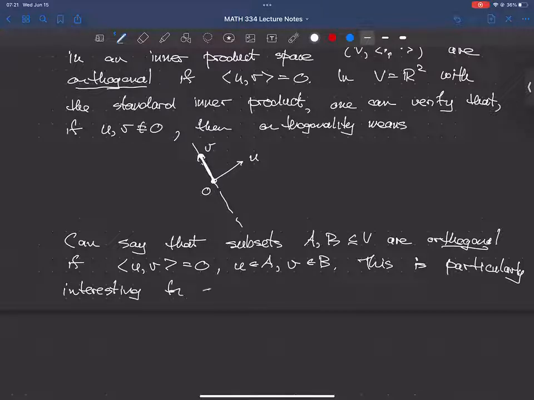For subspaces. Okay, so let me list some facts that are sort of associated to what I mean there.